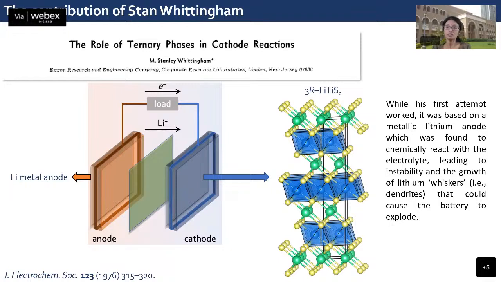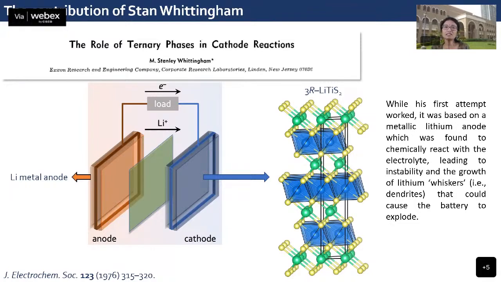The lithium is moving from the anode to the cathode, generating a 3R LiTiS2 structure. This was the first evidence of a reaction happening in a very small, constrained space, giving rise to some electron movement.